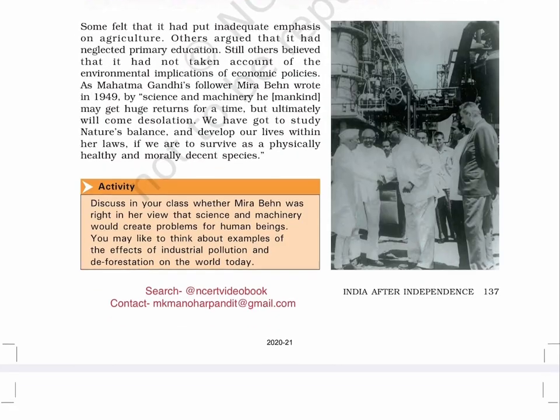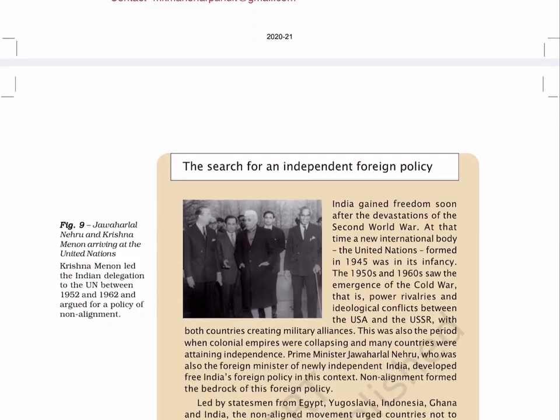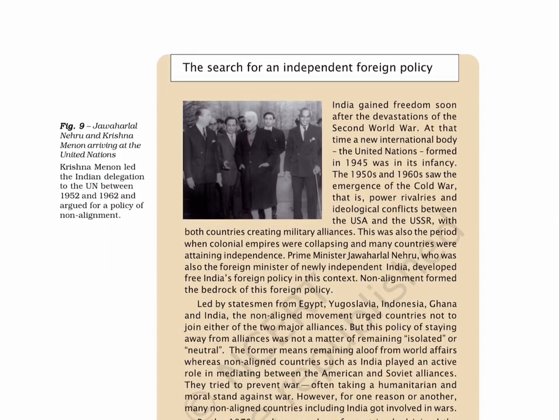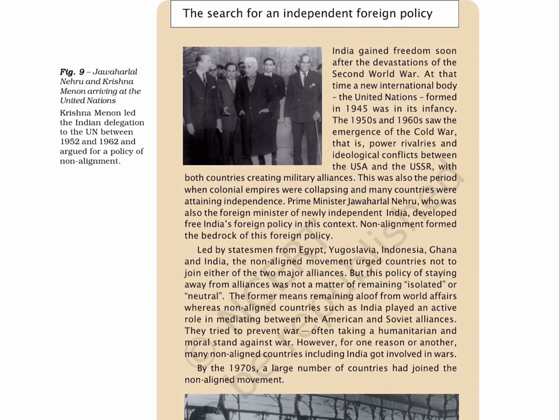Page 138. The search for an independent foreign policy. India gained freedom soon after the devastations of the Second World War. At that time, a new international body, the United Nations, formed in 1945, was in its infancy.